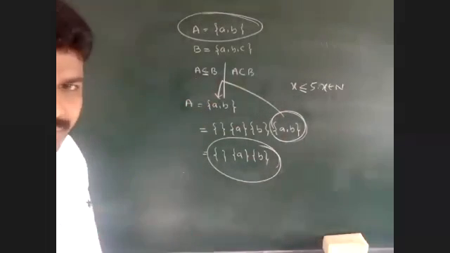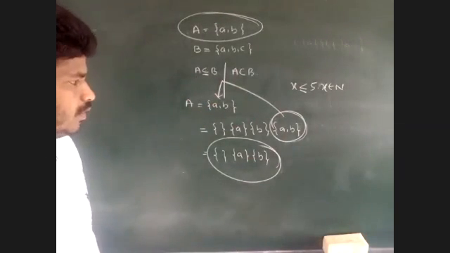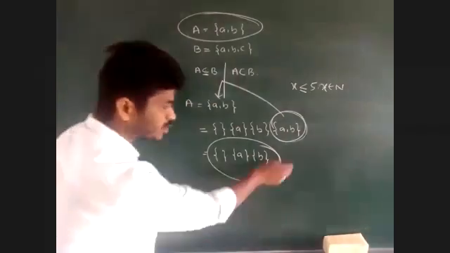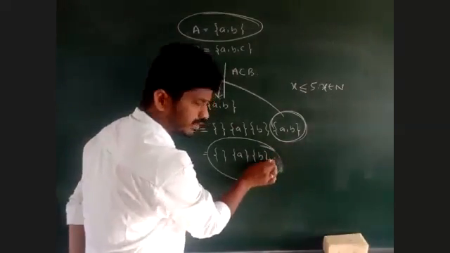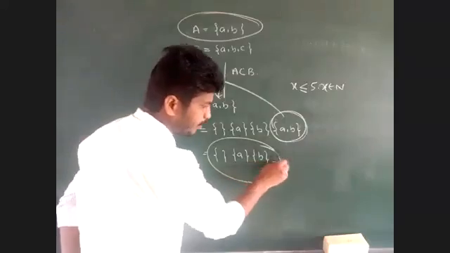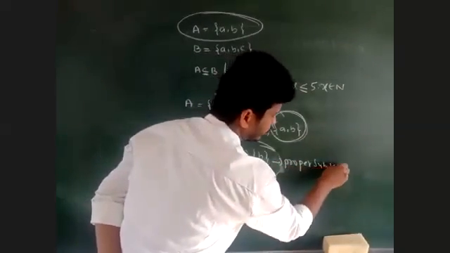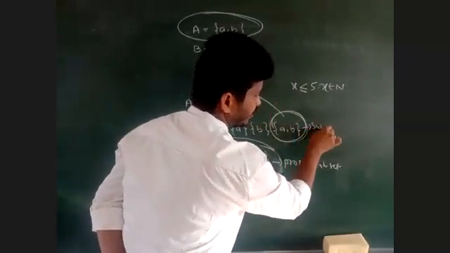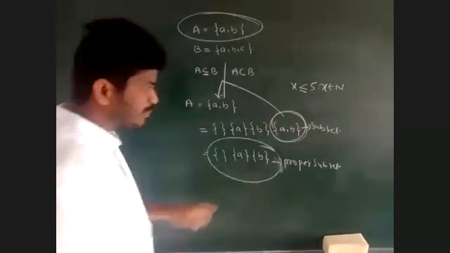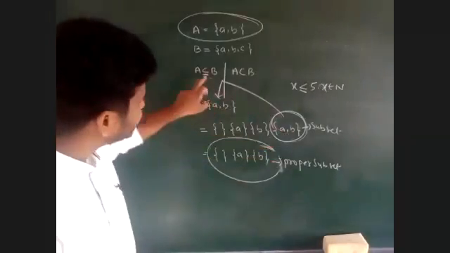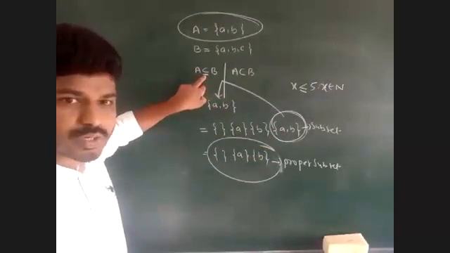Is it clear? Yes, sir. Here there is no itself, that's why it is called a proper subset. Otherwise it is called a subset. In a subset, we should take itself, that's why we should take the equal to symbol.